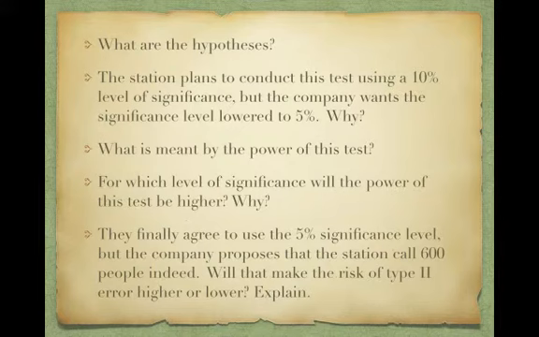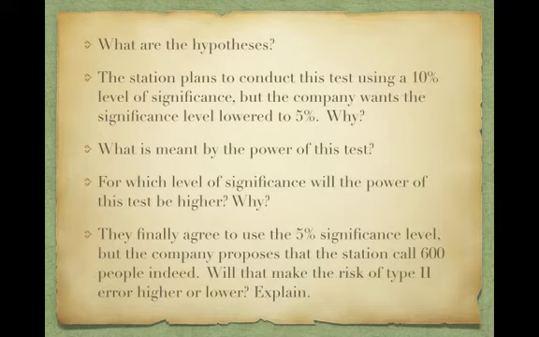The station plans to conduct this test using a 10% level of significance, but the company wants the significance level lowered to 5%. Why is that? Now, if you think about what the level of significance gives us, a lower alpha is actually going to give us more proof that we're making the right decision.